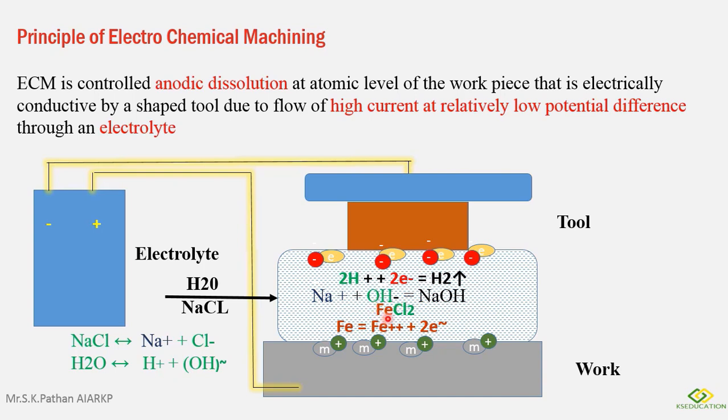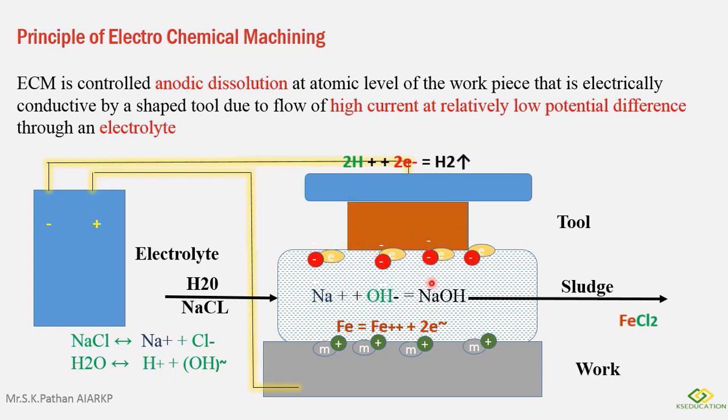form of thick sludge, and because of the flowing electrolyte, this thick sludge is flown away from the system. So the positively charged ions are separated from the system because they form the sludge, in the form of iron chloride, and the hydrogen gas passes away because it is a gas.